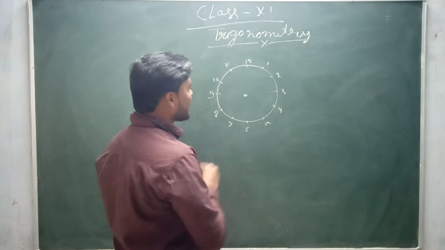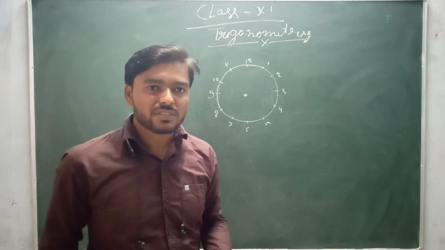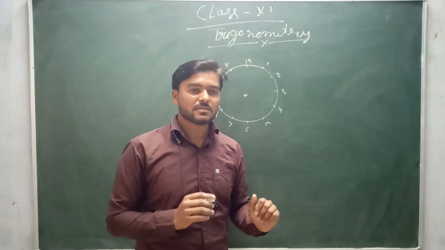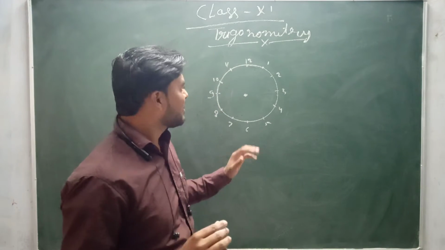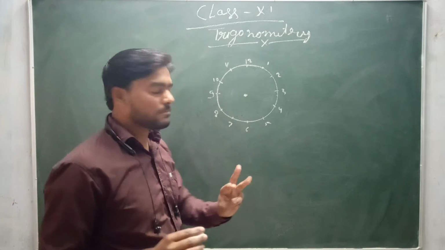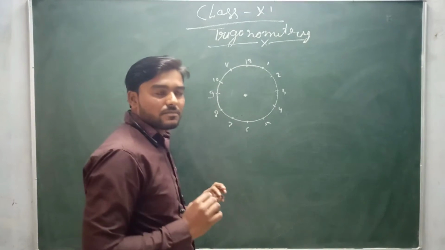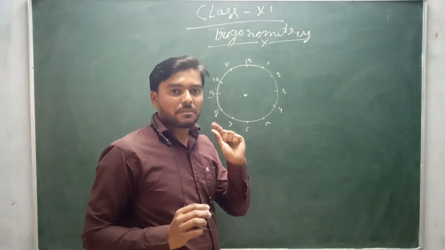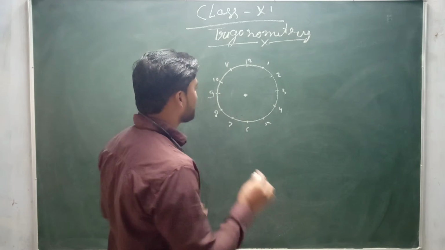There are 3 needles in every analog watch, not a digital one. That is the hour pin, the minute pin, and the seconds pin.